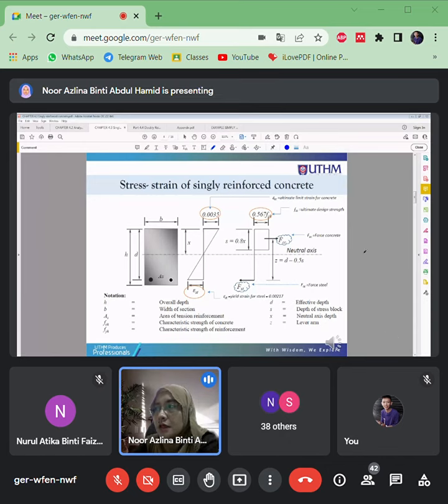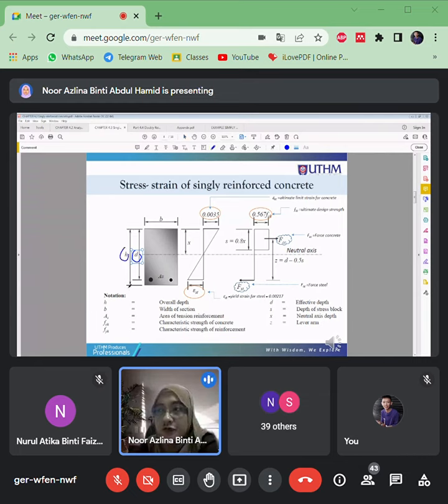Okay, this stress strain diagram you have learned from the previous lecture, right? Okay, which is the stress strain block diagram from the cut section of the beam here, which consists of B. D is the effective depth, which is from the top surface to the center of tension reinforcement, while H ni adalah full depth.